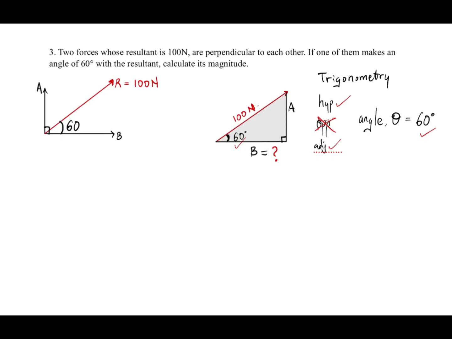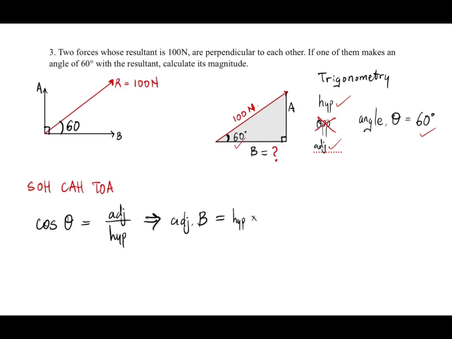Yes, cosine. So from SOHCAHTOA, we can say the cosine of theta is equal to adjacent over hypotenuse, and we're looking for the adjacent, so this implies that the adjacent, which is B, equals our hypotenuse times cosine theta.